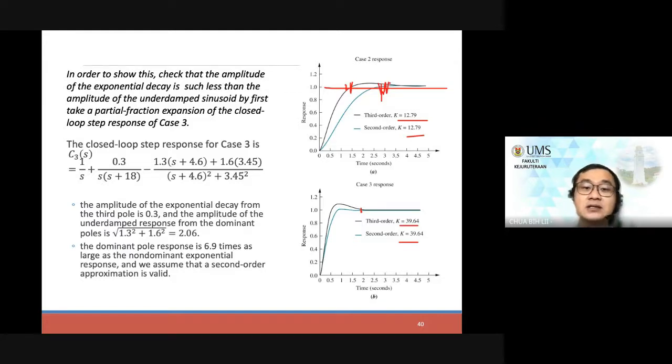So there is a wrong approximation using the equations. However, using this k equals 39.64, the peak time is very similar, settling time very similar, and also for sure the steady state error is also very similar, since the characteristics of approximation are there already, right?